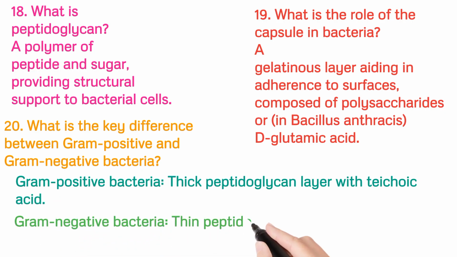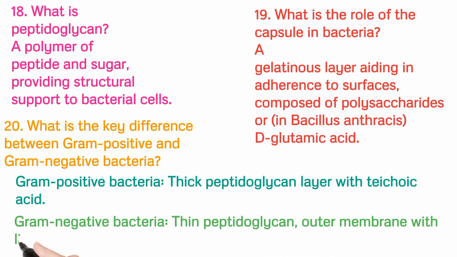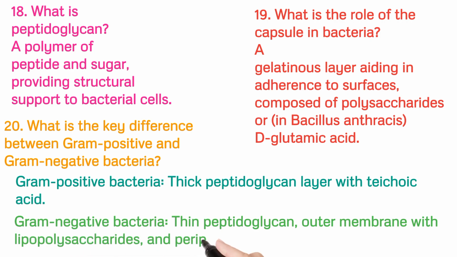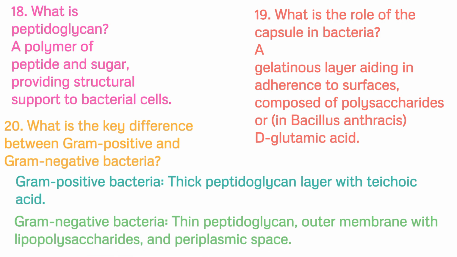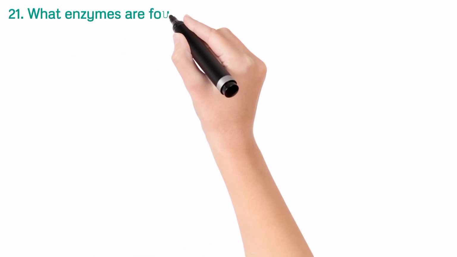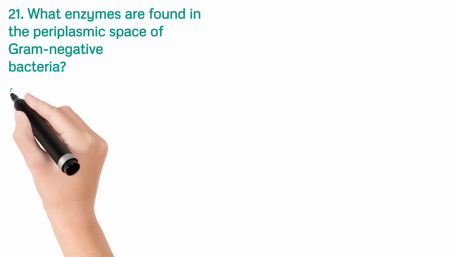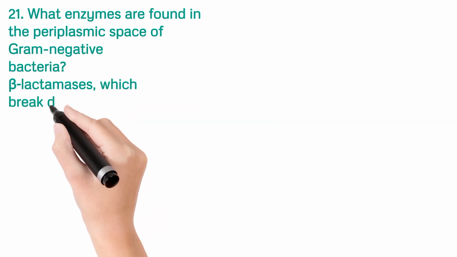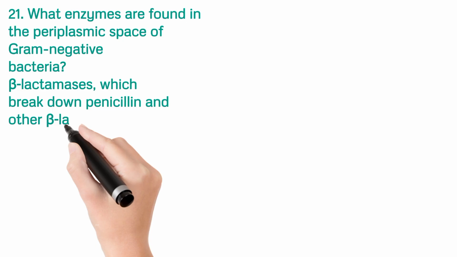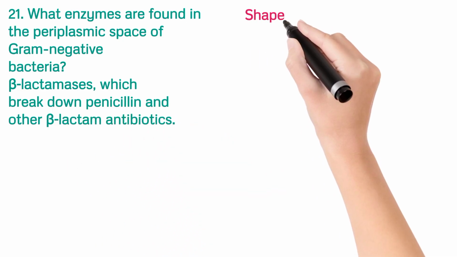Gram-negative bacteria have thin peptidoglycan, an outer membrane with lipopolysaccharides, and a periplasmic space. 21. What enzymes are found in the periplasmic space of gram-negative bacteria? Beta-lactamases, which break down penicillin and other beta-lactam antibiotics.